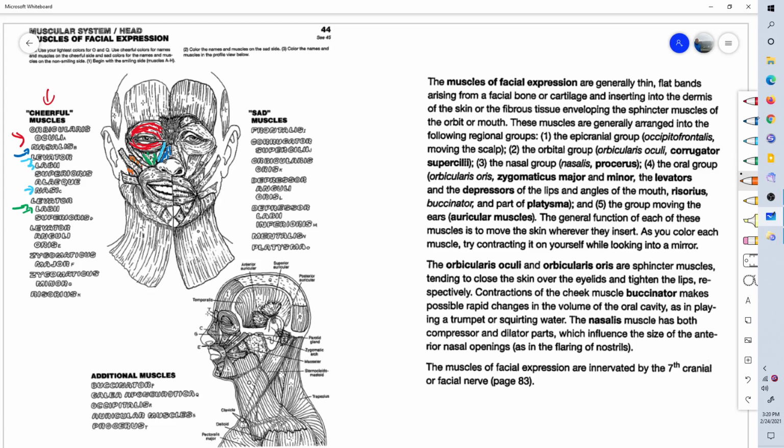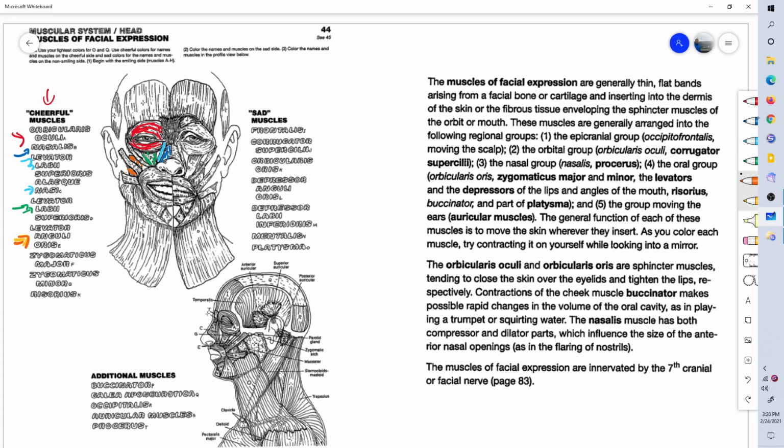Levator anguli oris elevates the angle of the mouth, as in when smiling, lifting it up and out, underneath the zygomaticus major.